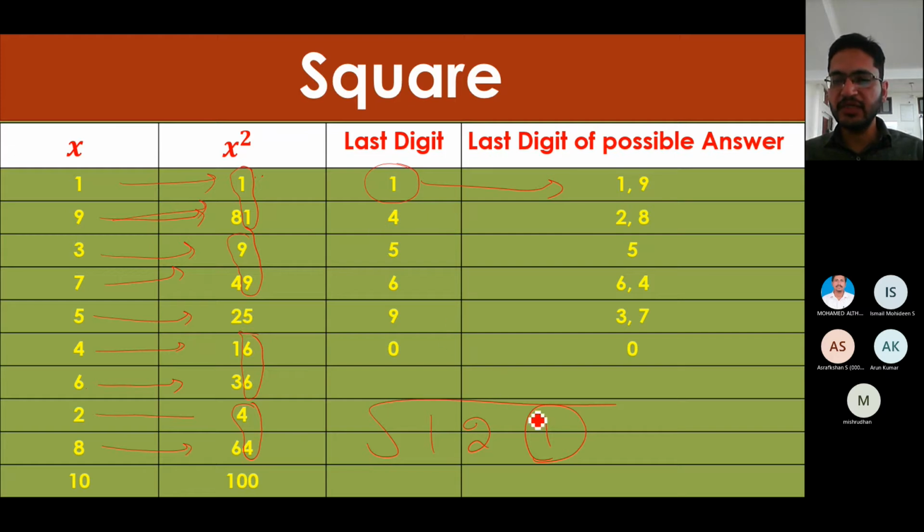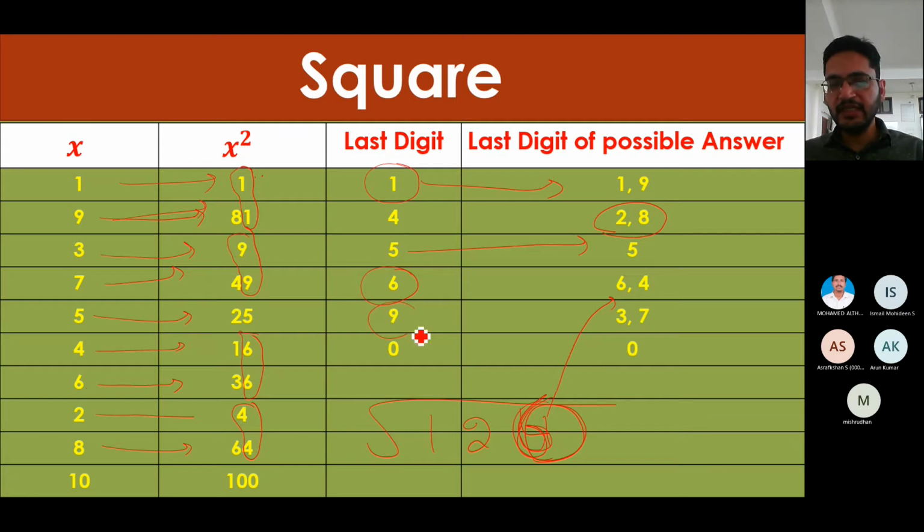Similarly, if the number is ending with 4, then the unit digit of the answer is either 2 or 8. Similarly, if it is 5, then the answer will be 5. If any number is ending with 6, then its square root will end with 6 or 4.